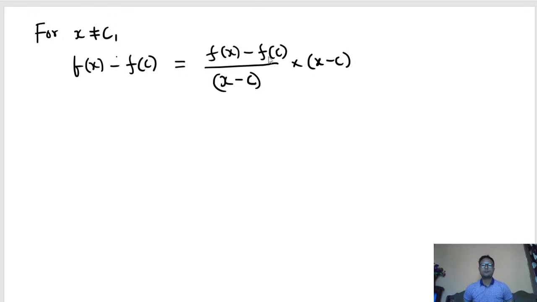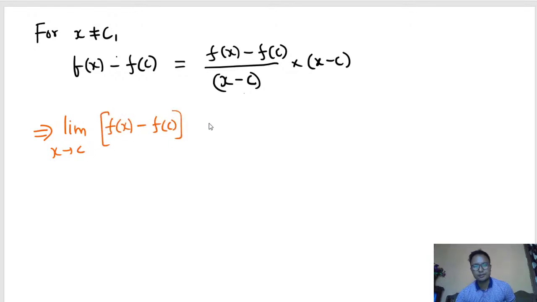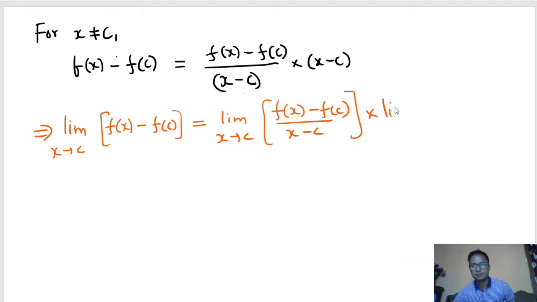We multiply by x minus c because we want to use the concept of derivative. Now we will take the limit as x tends to c on both sides.